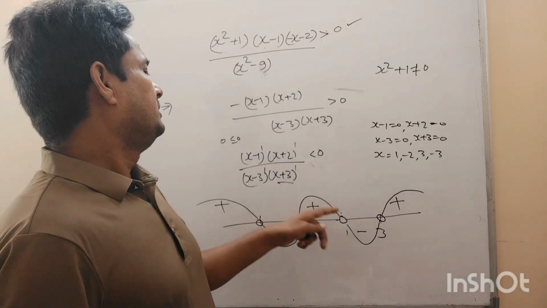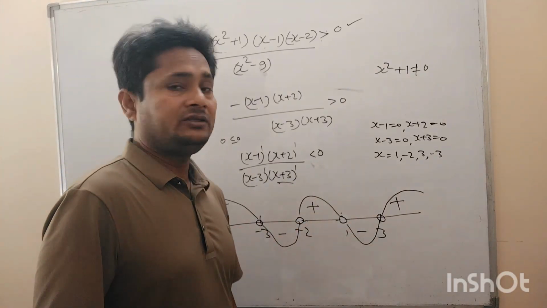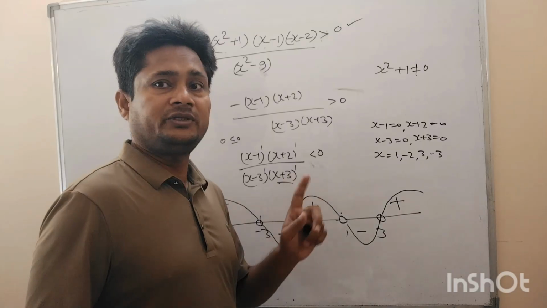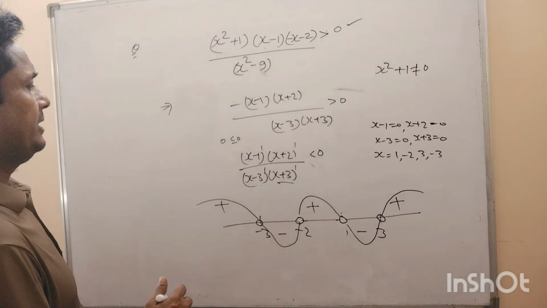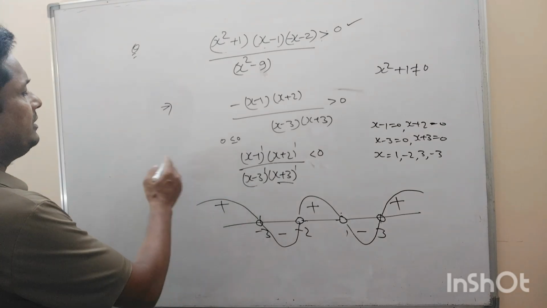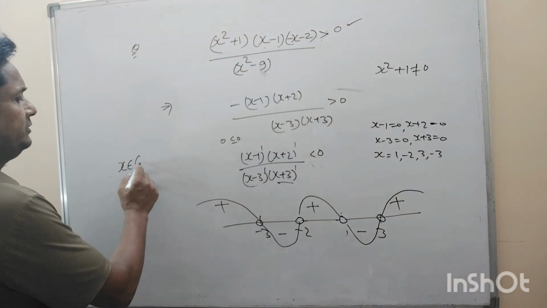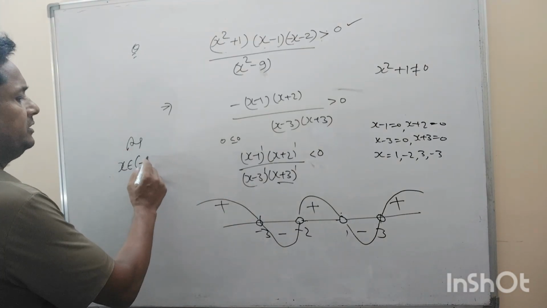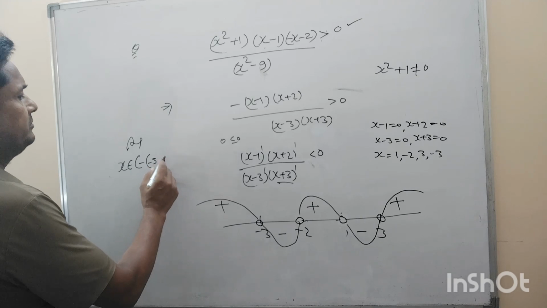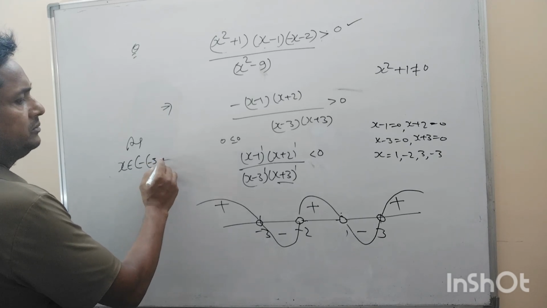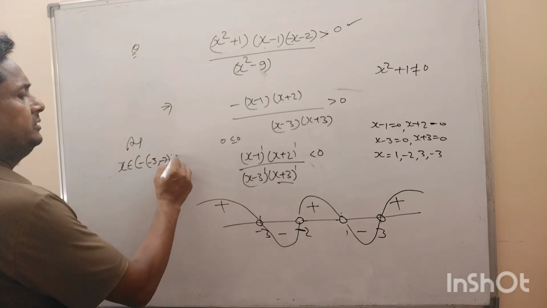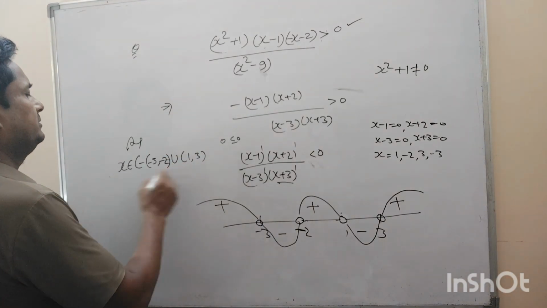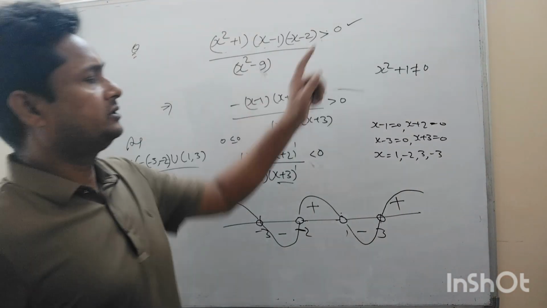Now we have to collect which interval. Less than 0 means negative intervals. Collect the negative intervals. The answer will be x belongs to minus 3 to minus 2, union 1 to 3. This will be the answer for this case.